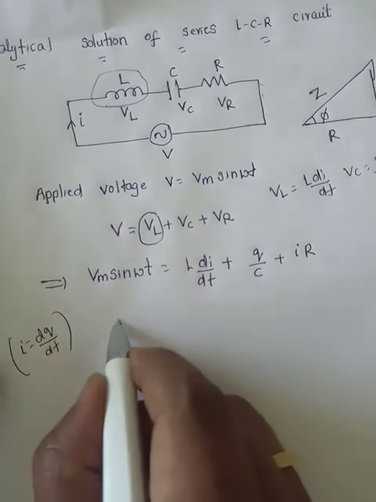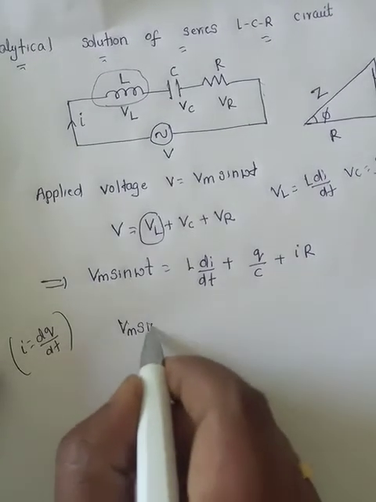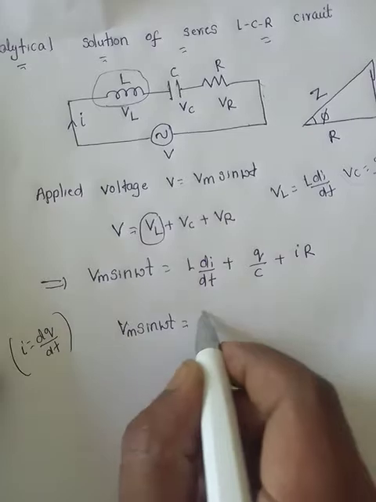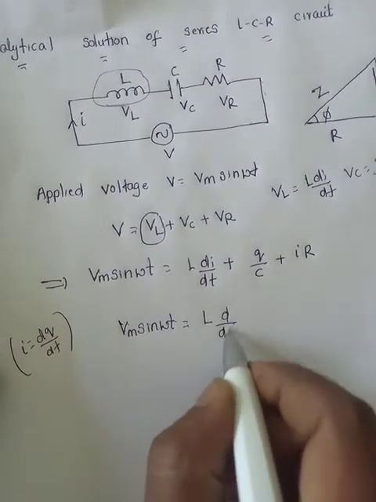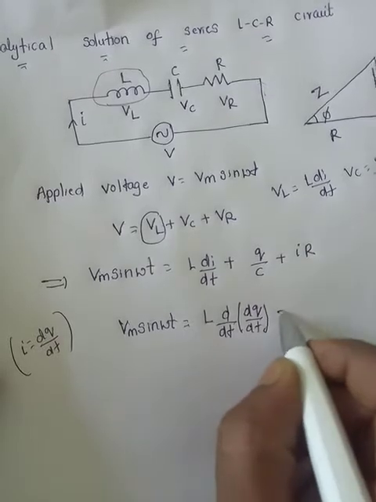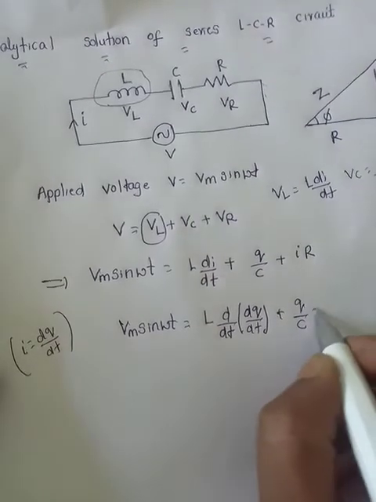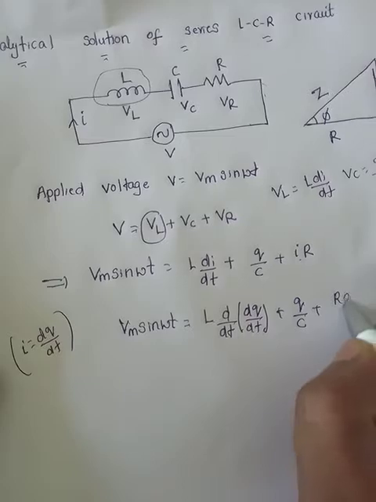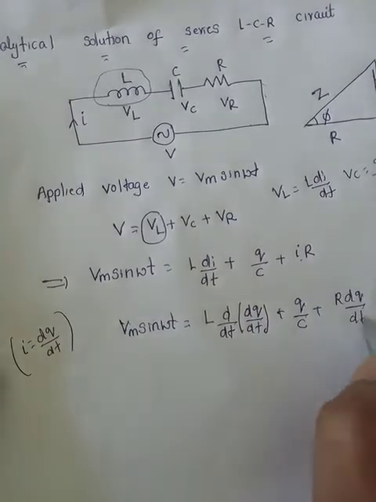So substituting, Vm sin omega t equals L into d by dt of I, which is dq by dt, plus Q by C, plus R into dq by dt.